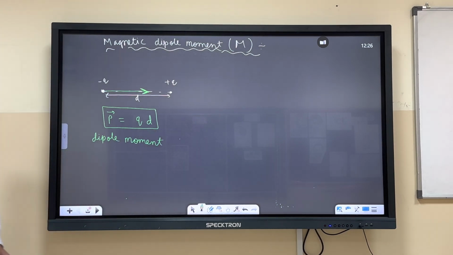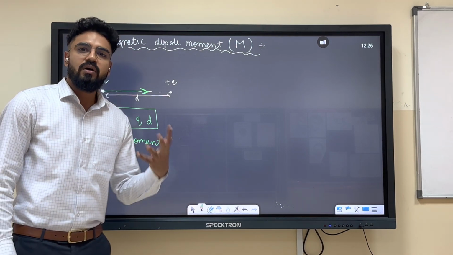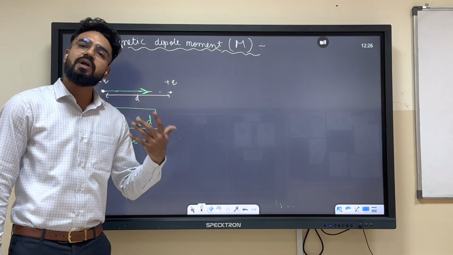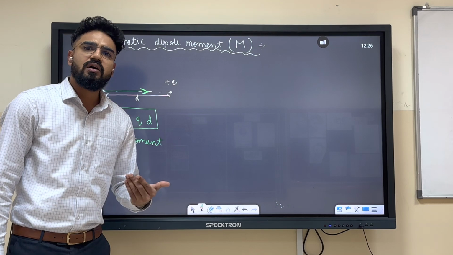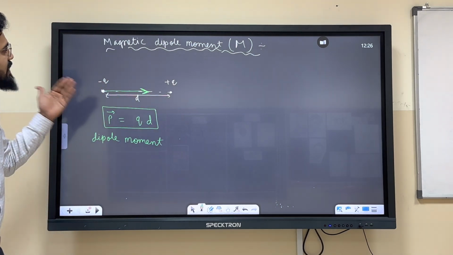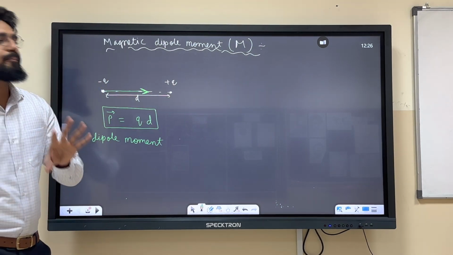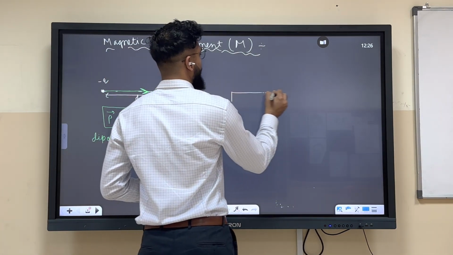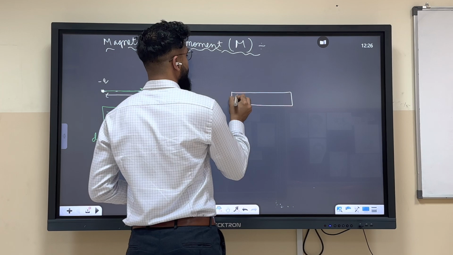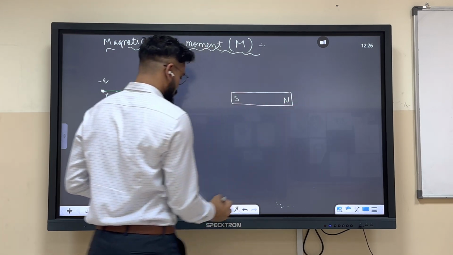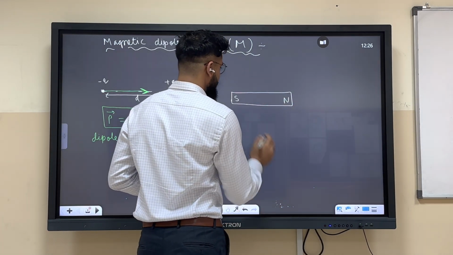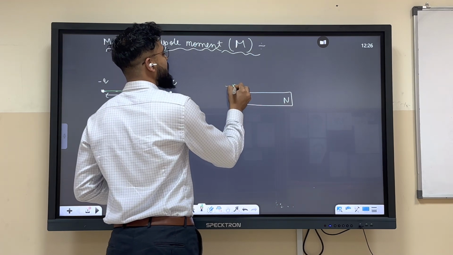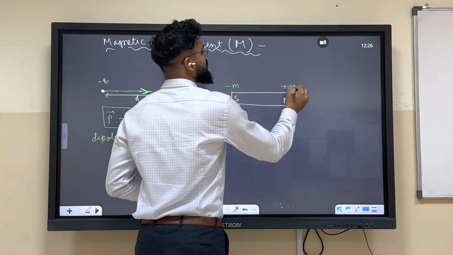Similarly, can we introduce the same thing in a magnetic bar? If this is the south pole and this is the north pole, let's say this is negative m and this is positive m.